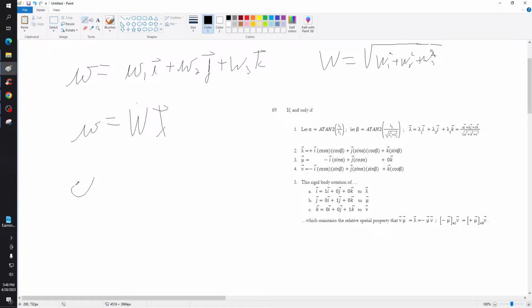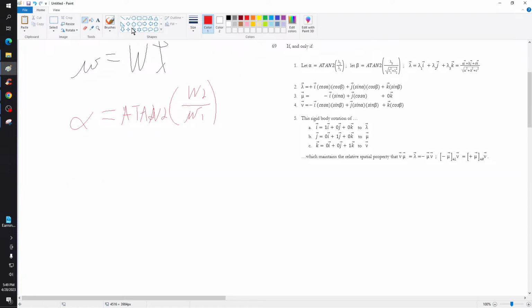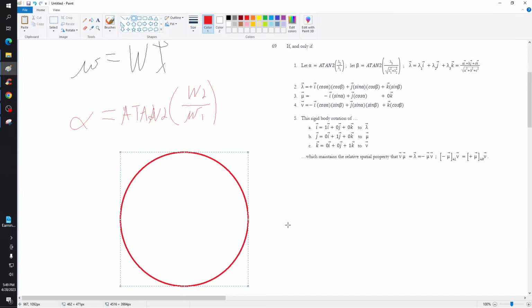Let alpha be equal to atan2 of w2 over w1. This gives us the angle in the ij circle. If we draw the ij plane, this is i, this is j, and this is our coordinate w1 i, w2 j. What we're looking for is this angle here. This is theta.